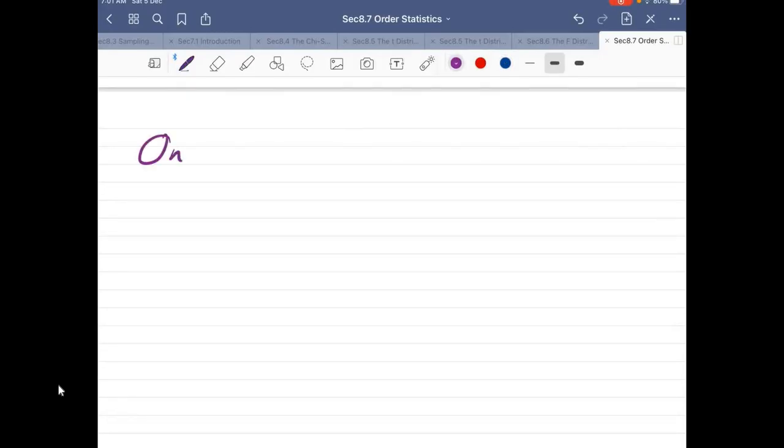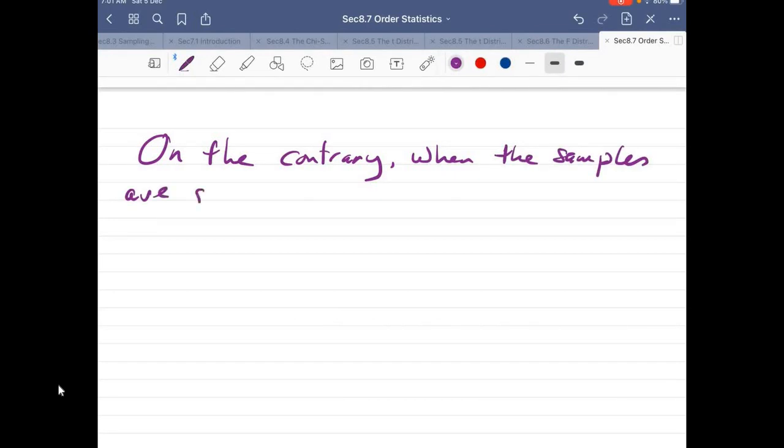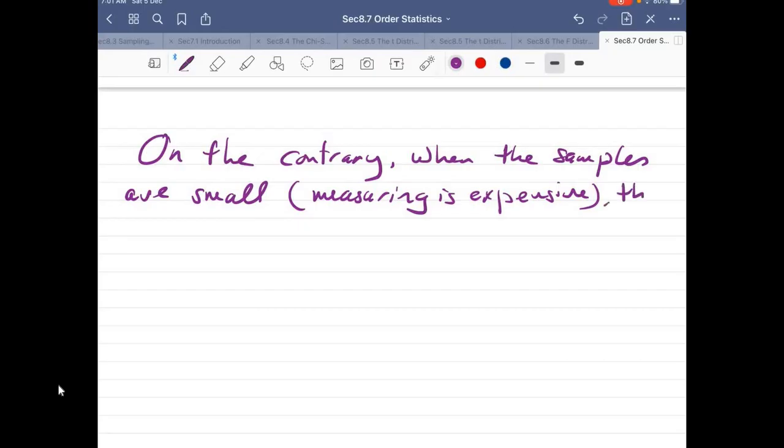On the contrary, when the samples are small, and this happens when it is expensive to obtain or measure, as in the case of cancer patients or diabetes patients, the population tends to be not normal.